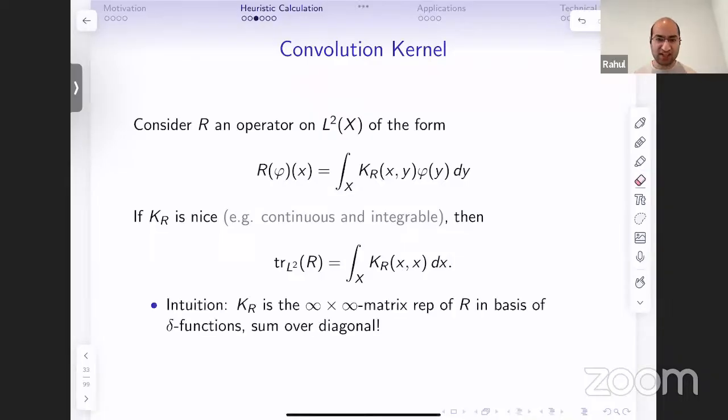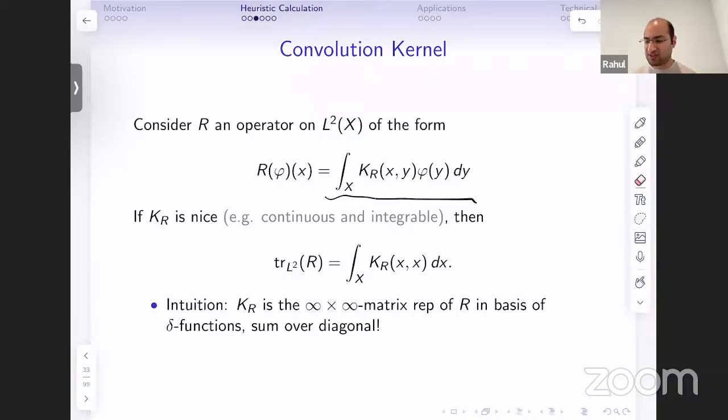The intuition here is that this formula should look a lot like the formula for matrix multiplication, except the sum over the indices of the matrix is replaced by an integral over the space.